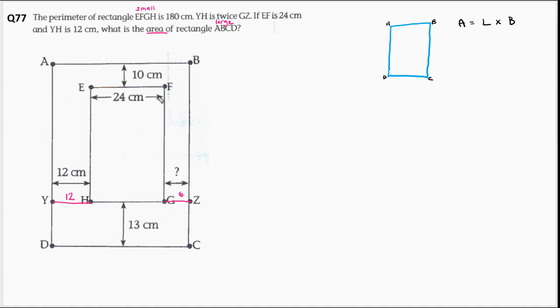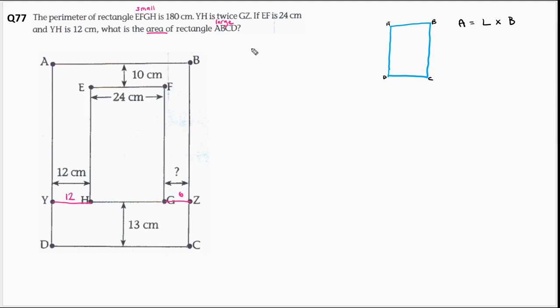And probably where to start is with this smaller rectangle, because we are given some extra information here that we can use to work out the length of all of these sides. So we're given the perimeter of rectangle EFGH, which means this, add this, add this, add this.